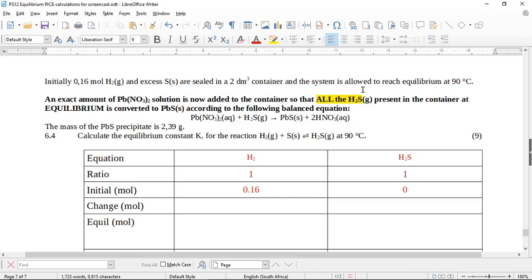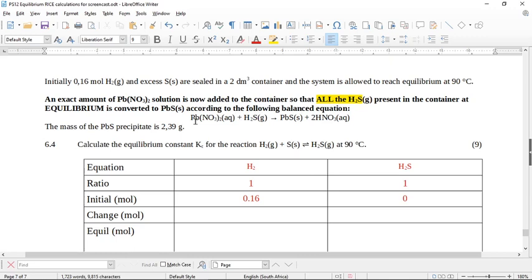So how would we find out how much hydrogen sulfide was taken out? We would have to look at this balanced equation. Okay, so we know it took out hydrogen sulfide. All the sulfur in here got converted to meet up with the lead to form lead sulfide. So if we know how many moles of lead sulfide we formed, from the molar ratio we can go back and find out how much hydrogen sulfide we had.